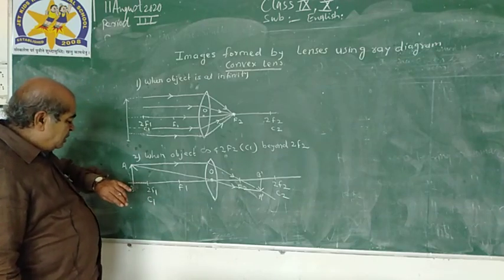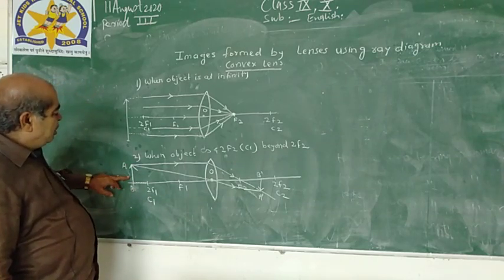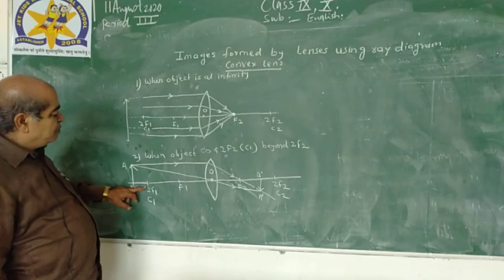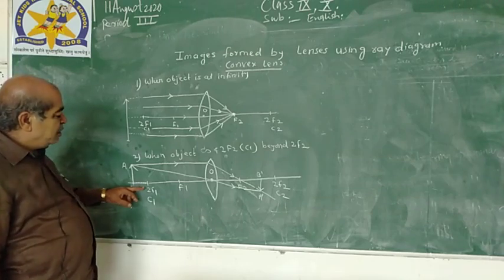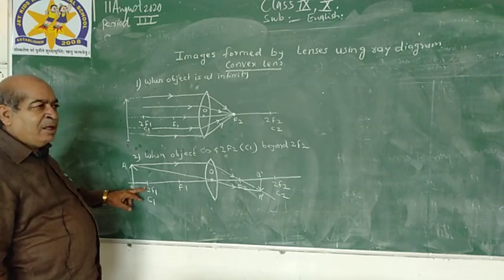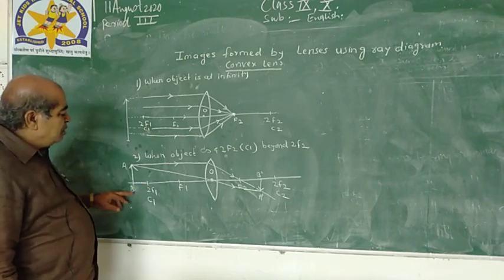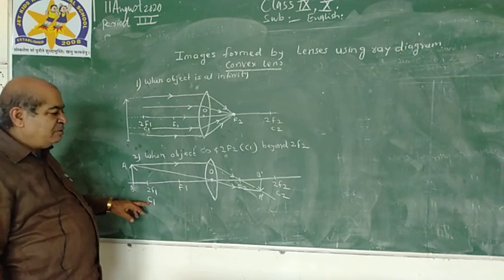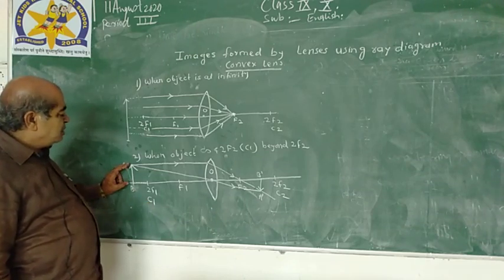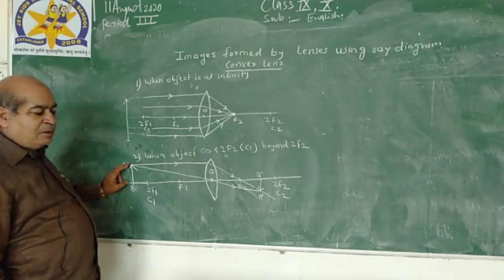When the object is beyond twice F1, or between infinity and twice F1, or between infinity and the center of curvature C1, then AB is the position of the object.